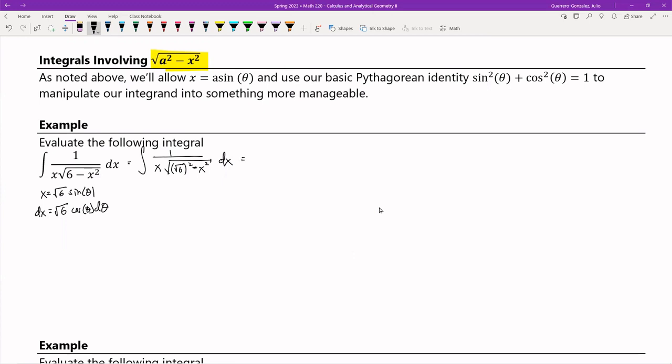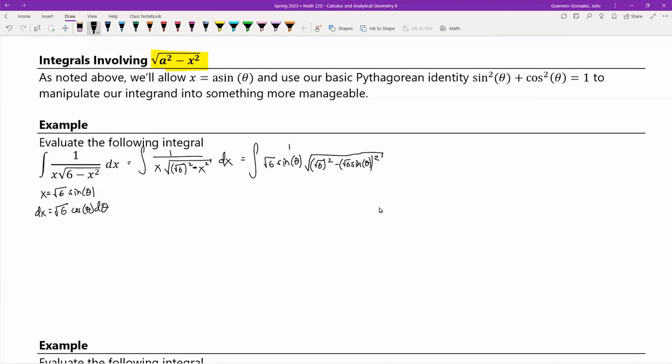So this is now going to be the integral of 1 divided by x, which is square root of 6 sine theta, times the square root of 6 squared minus square root of 6 sine theta, squared. I'm just going to plug it in and not reduce anything yet so that everybody can see all of it in all its glory.